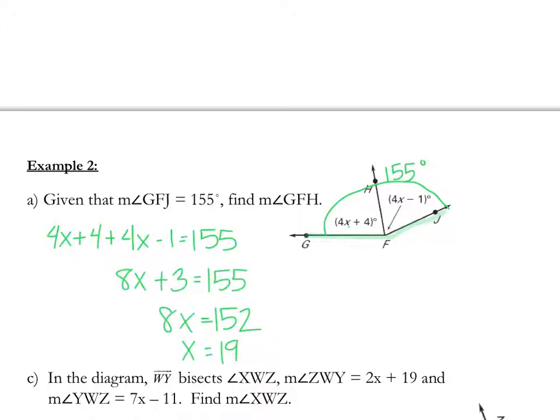Alright, so we got 19 for x, and then it says to find the measure of GFH. So GFH is this angle right here. The measure of angle GFH equals 4 times 19 plus 4. When we're talking about the degree of an angle, that's when the m comes in.